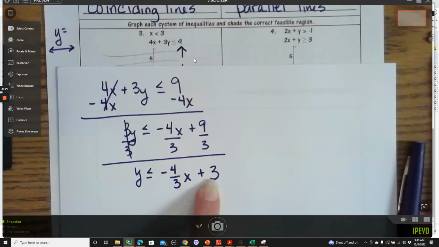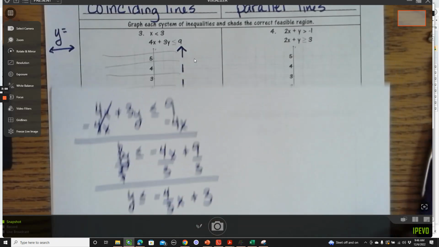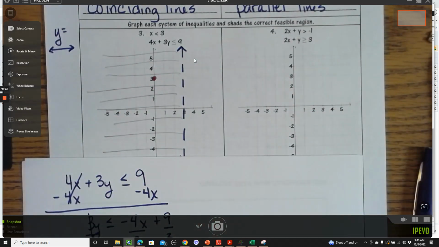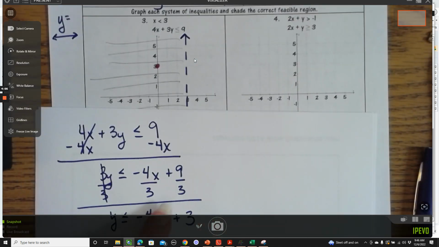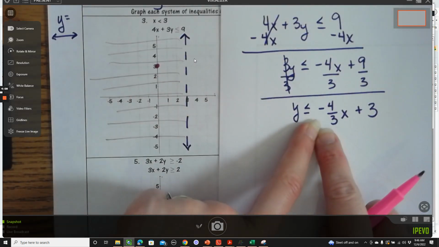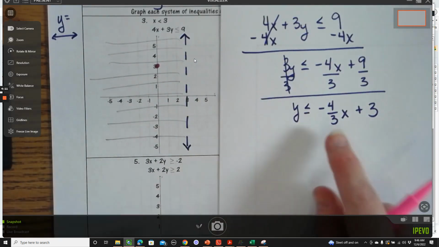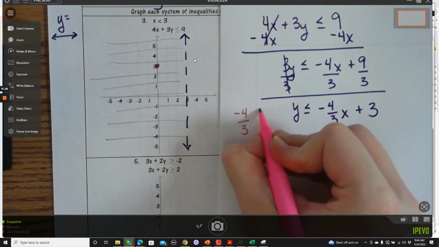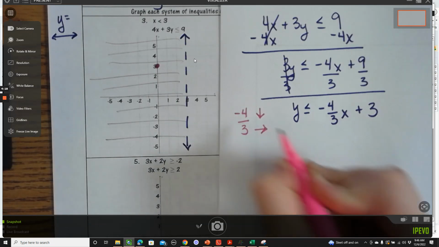So I can put a dot at positive 3. That's the y-intercept. So on the y-axis, I'm going to put a dot at positive 3. Now this time I have to do it by slope. So my slope is negative 4 over 3. So I'm going to go down 4 over 3.